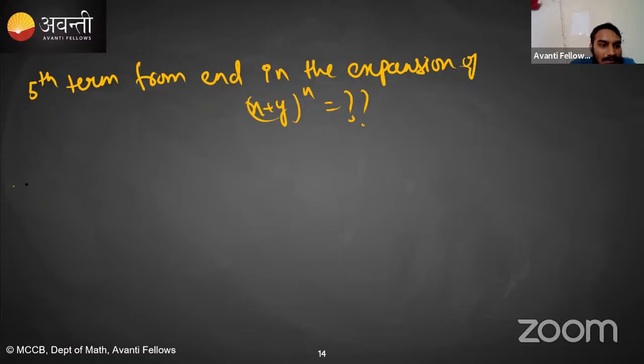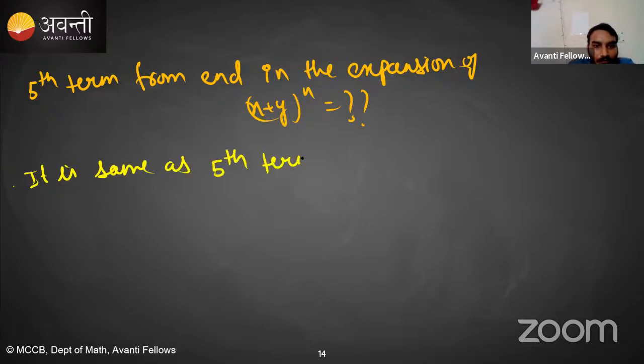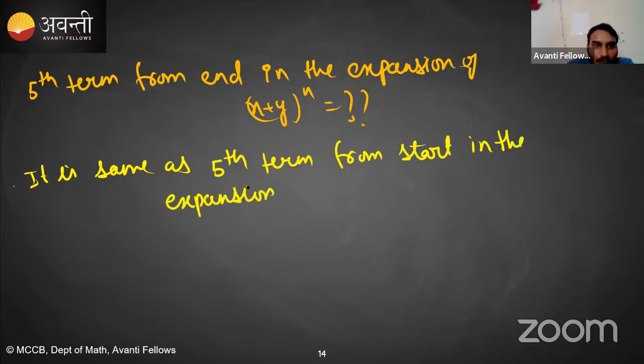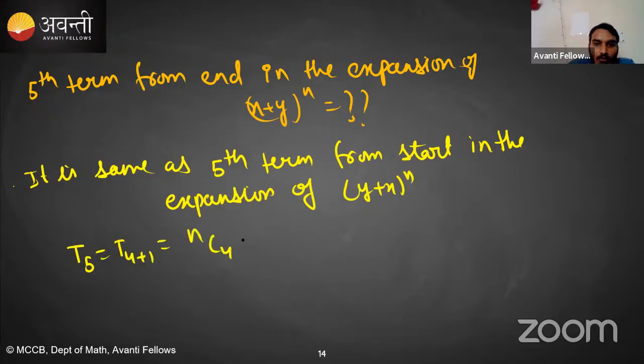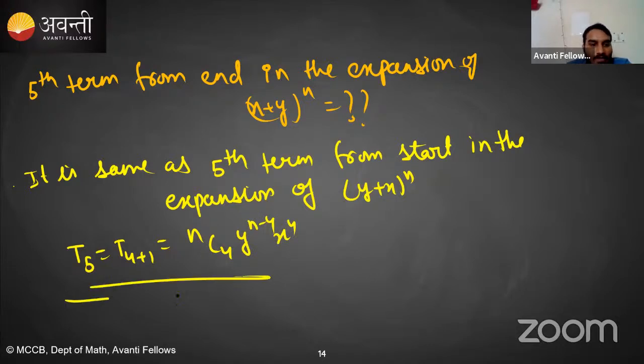It is the same as the fifth term from the start in the expansion of (y + x)^n. So T5, I can write it as T(4+1), which is nothing but nC4 y^(n-4) x^4. That's it. See how easy it is.